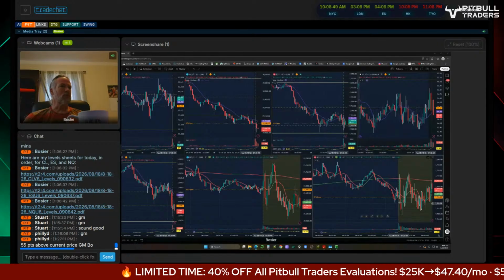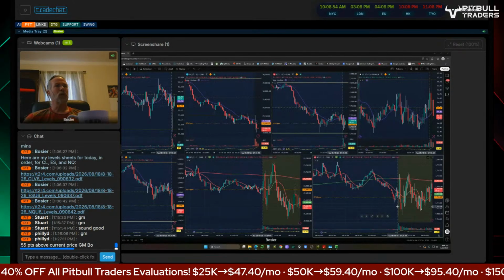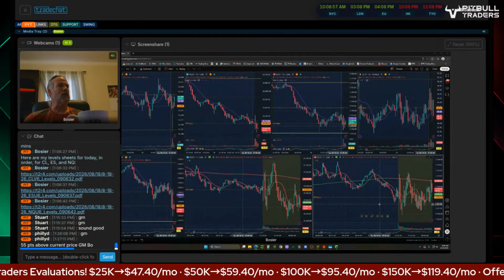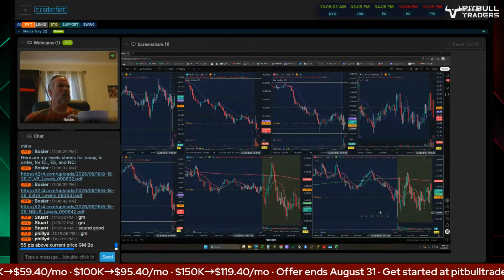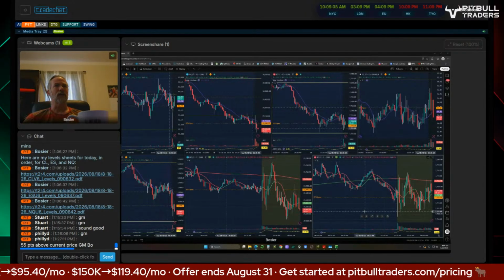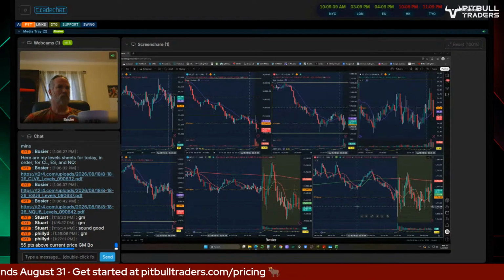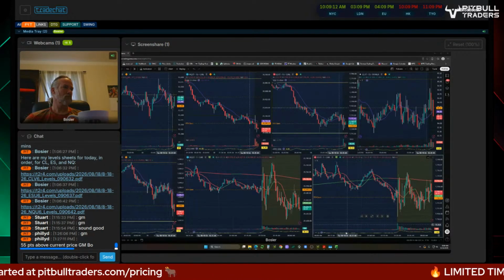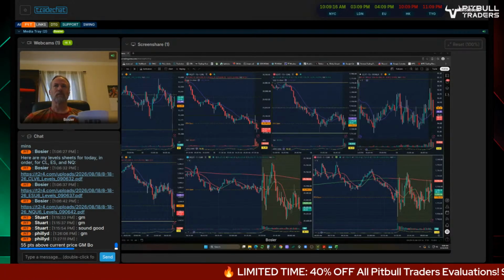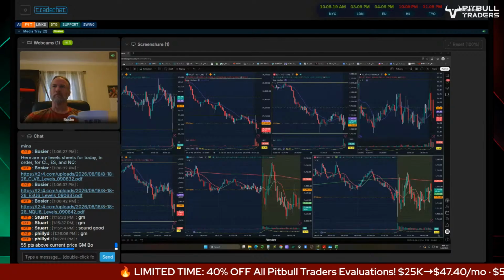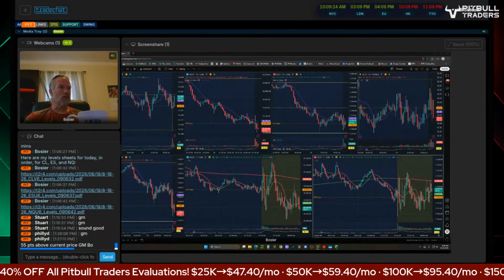If it rejects right here, they could sweep down through the 50-day and really gain some momentum to the downside. I didn't realize I had our trader open.